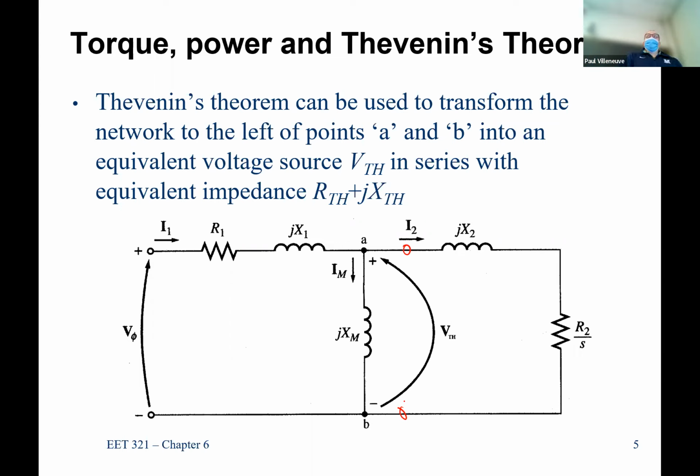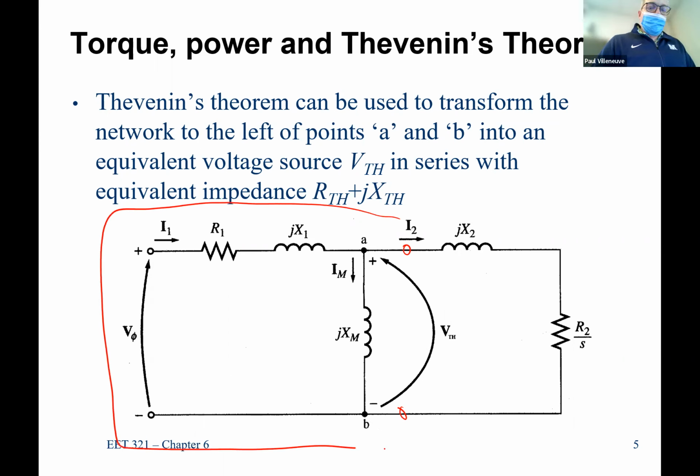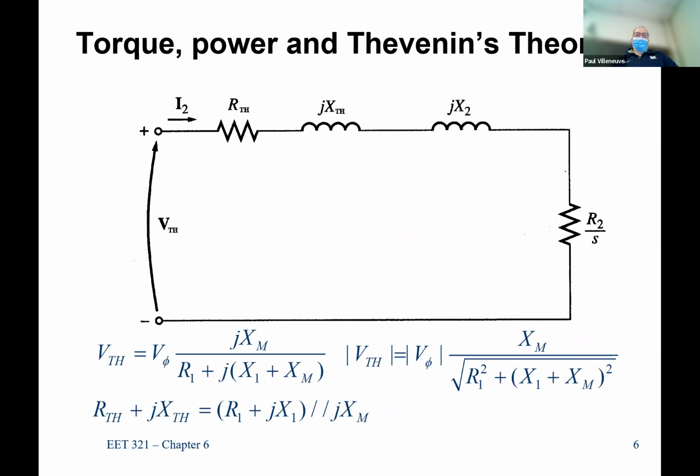So I don't include the rest of the circuit. I'm going to replace everything over here with a voltage in series with an impedance. Essentially, this is loading on my Thevenin equivalent that I will add after the fact. Exactly. So this voltage is V Thevenin, R Thevenin, X Thevenin. I haven't thrown away the X2 and the R2. I'm just adding them after the fact.